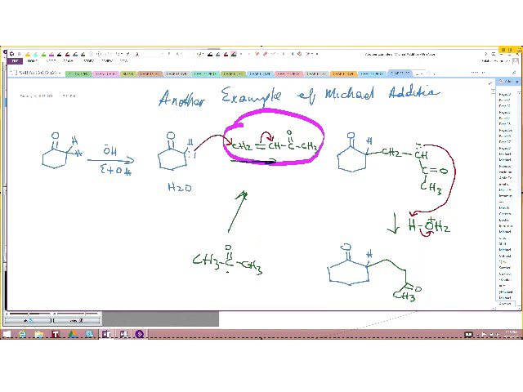Supposing I generate an enolate ion here with hydroxide, and then I react this with formaldehyde.